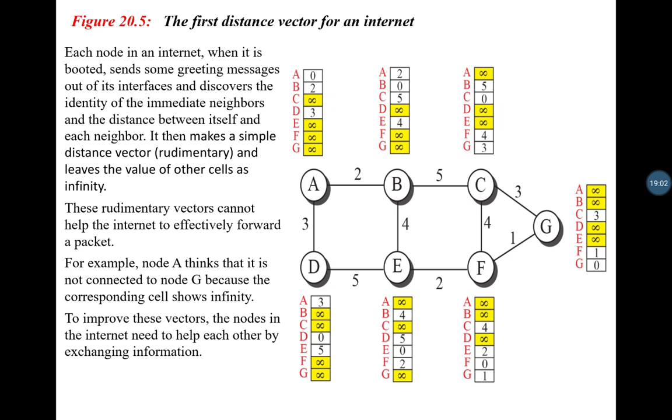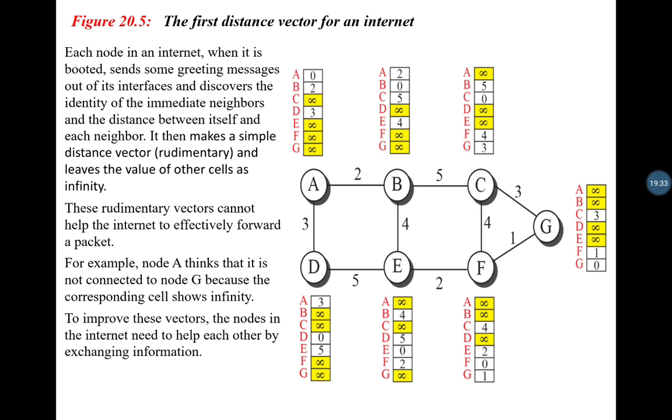Here, these rudimentary vectors cannot help the internet to effectively forward a packet. What happens here is that the vectors are made asynchronously when the corresponding node has been booted. So these vectors cannot help the internet to forward a packet. The nodes in the internet need to help each other by exchanging information.